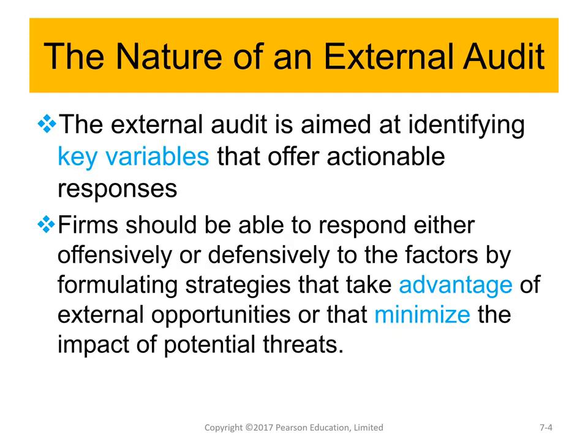The external audit plays a very important role in identifying key variables that need the organization or firm to take action. Therefore, firms should be able to respond either offensively or defensively to these factors so as to take advantage of the external opportunities and or minimize the impact of potential threats.